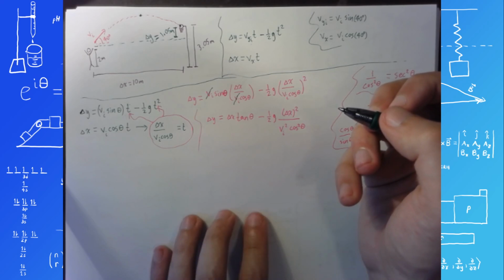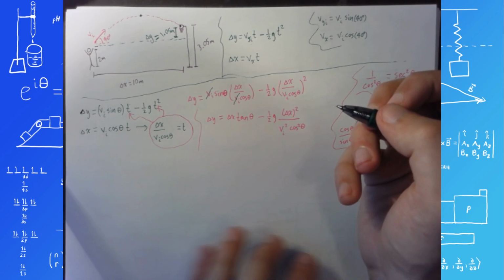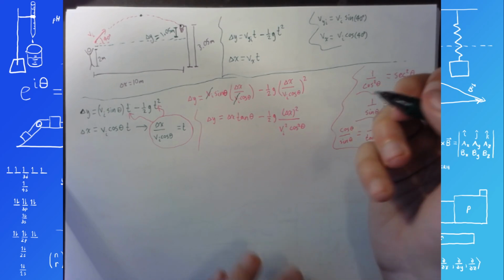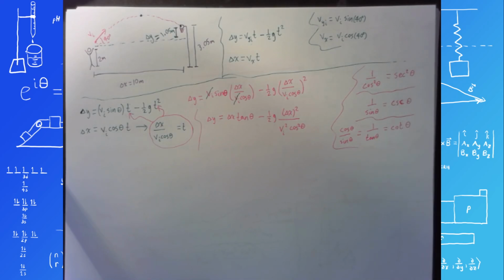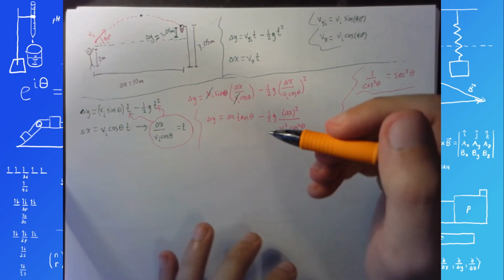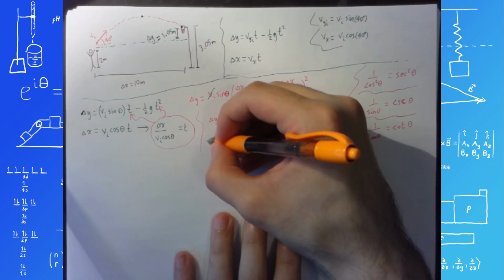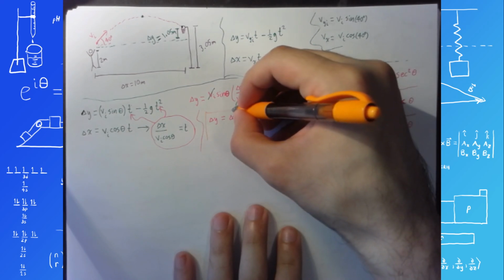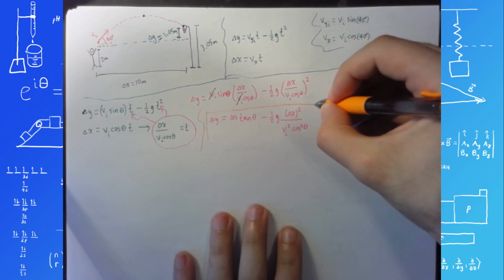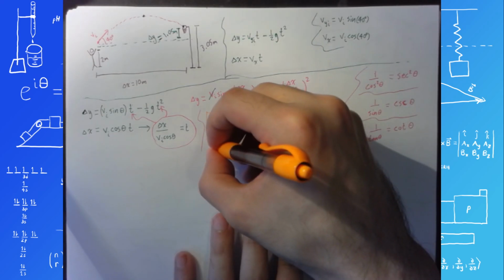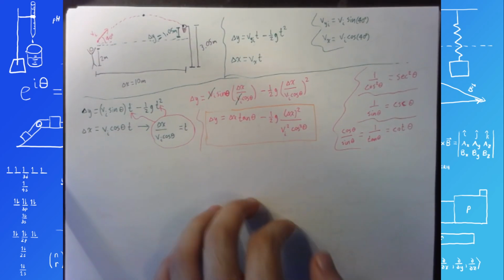Lost my train of thought. Where do I want to go from here? So we are trying to solve for v initial. But I want to pause and look at this equation for a moment. You don't have to memorize it.